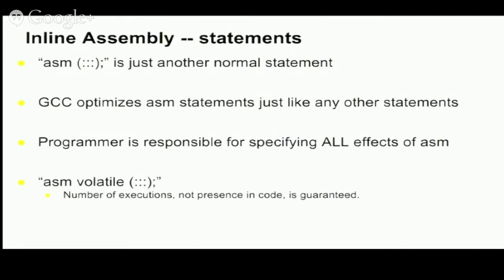To be able to do that, GCC has to know about all effects of inline assembly statements: whether it touches memory, whether it touches the condition code register, whether it branches somewhere, whether it changes memory, or whether it changes the state of the processor.